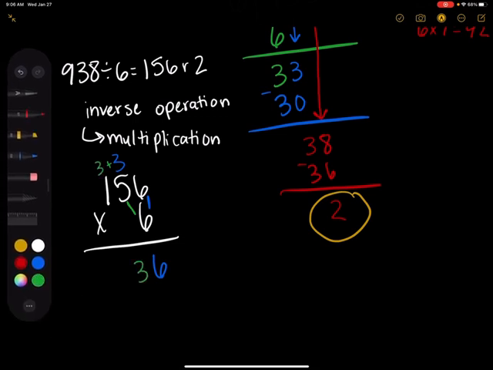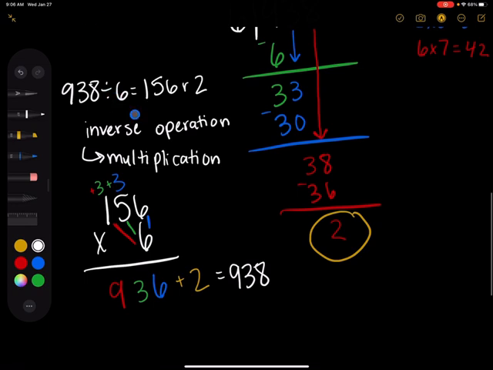And then 1 times 6 is 6, plus 3 is 9. Okay. Now we have 936. Is that 938? No, but we had 2 left over. So we're going to add those 2. And 936 plus 2 is 938. Okay, so that's a way to check.